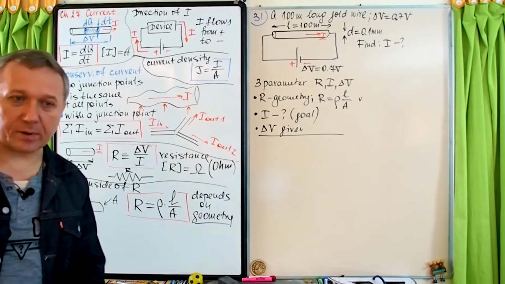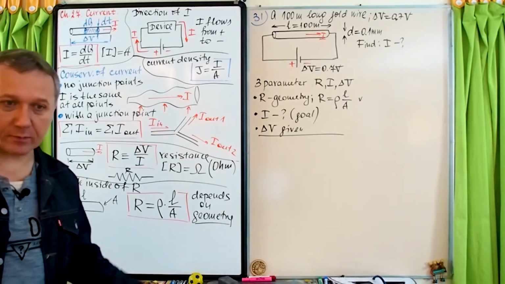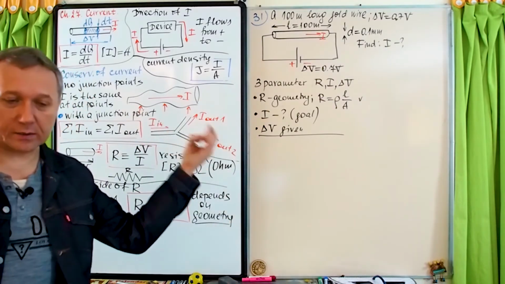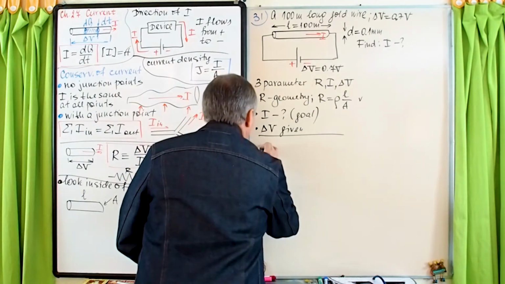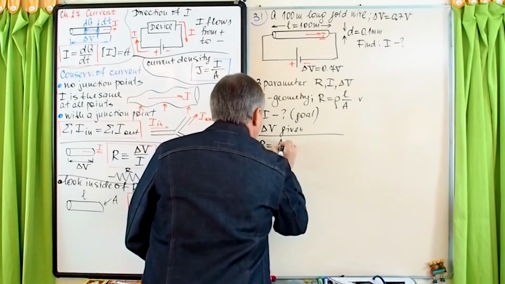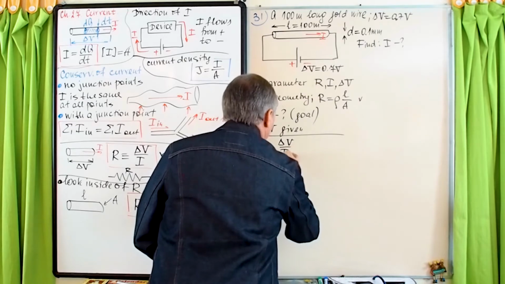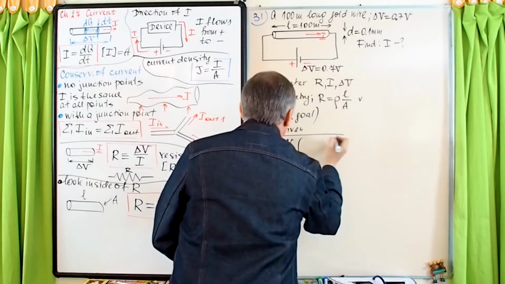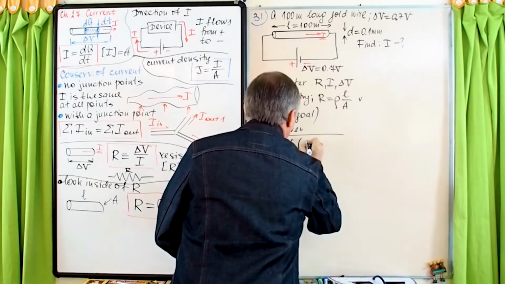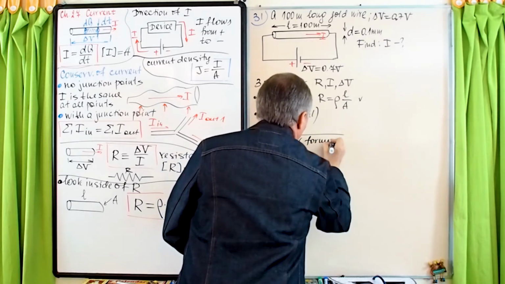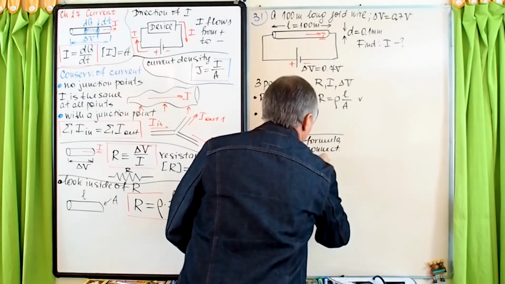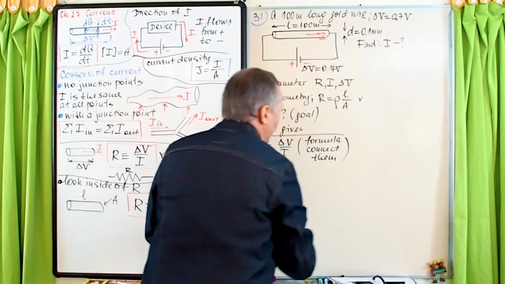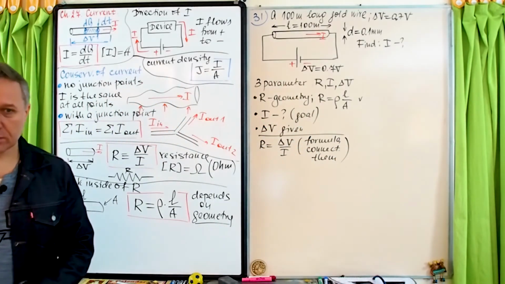And then every time we also have to use the formula connecting these three parameters. It's the same as with a capacitor: we analyze C, Q, delta V, and then the formula which connects them all. Here, R equals delta V over I, the formula connecting all these three parameters.